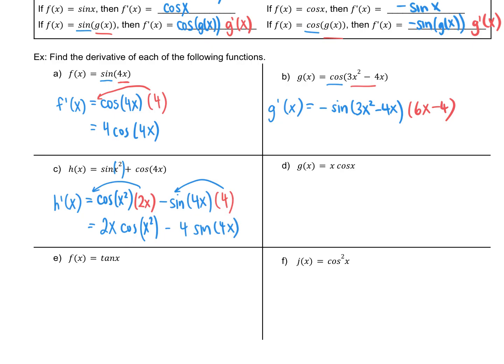Okay. Next one, no chain rule here because the angle part is just an x. It's not a fancier function, but we do have a product rule. So product rule says take the derivative of your first function, which is x. The derivative of x is 1. And then multiply it by your second function, which is cos x, plus, now take the derivative of your second function, and the derivative of cos x is negative sine x.